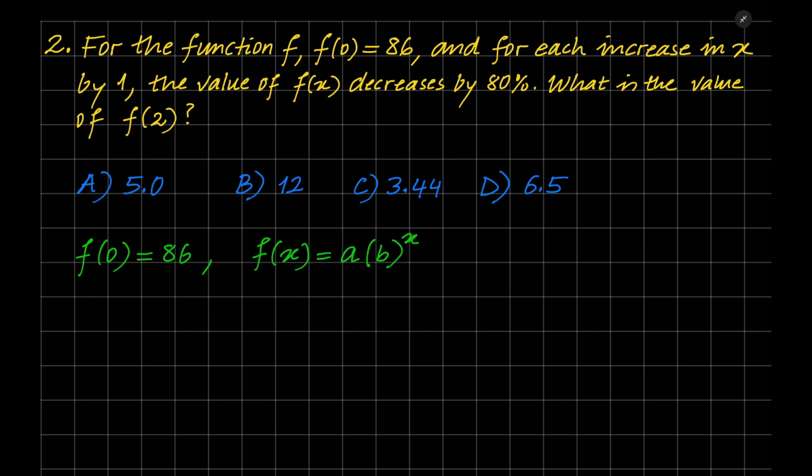Because f of 0 is equal to 86, the value of a must be 86, because the value of f of x decreases by 80% for each 1 unit increase in x.